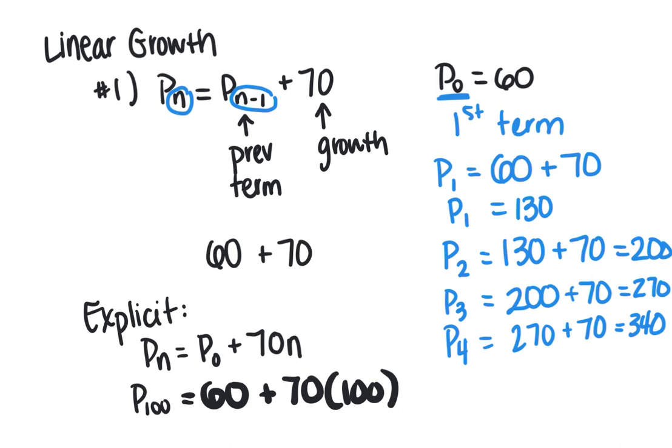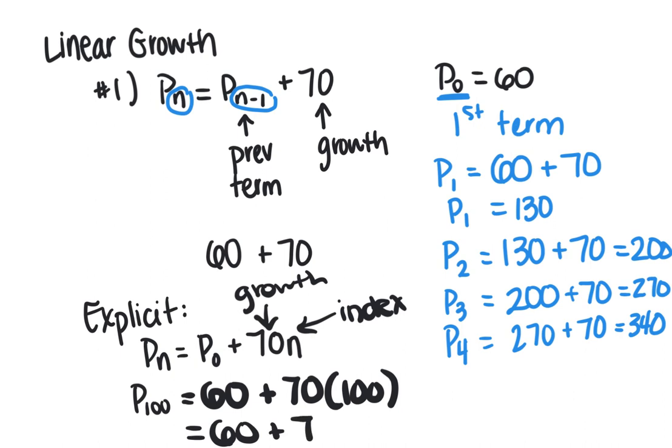And your explicit formula will always be that initial value plus whatever our growth is times n, which is whatever index we want, and we'll get our formula. So this one will be 60 plus 7,000. So we have 7,060.